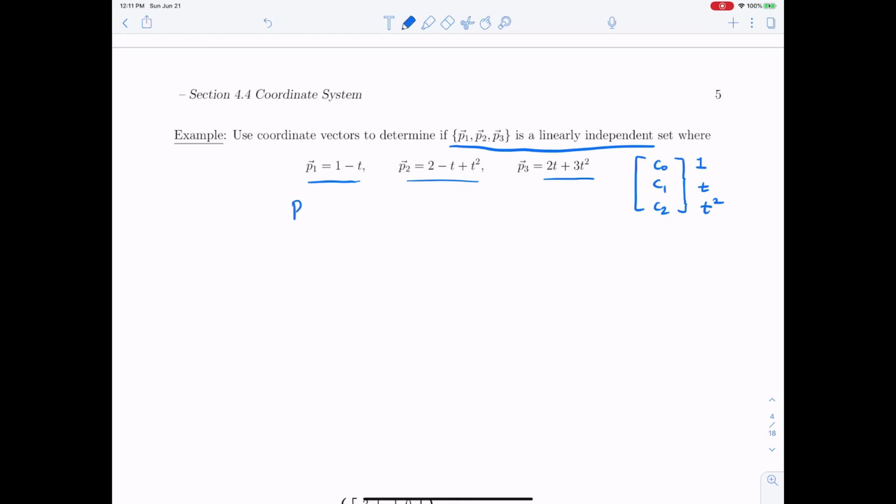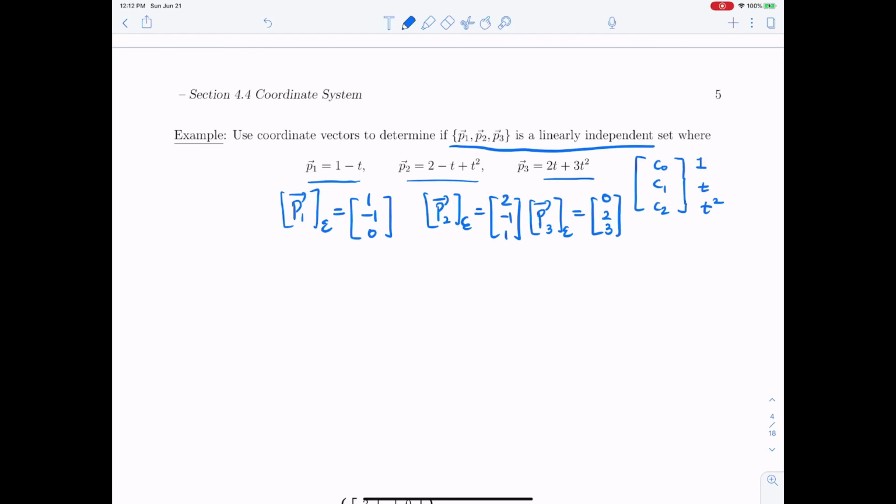Then we can write the E coordinate of p sub 1 as 1, -1, and 0. And p sub 2 has E coordinate 2, -1, and 1. And p sub 3, I guess 0, 2, and 3.